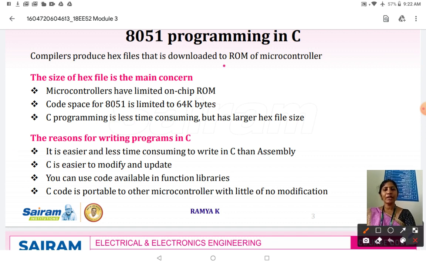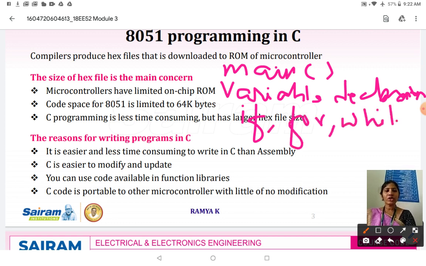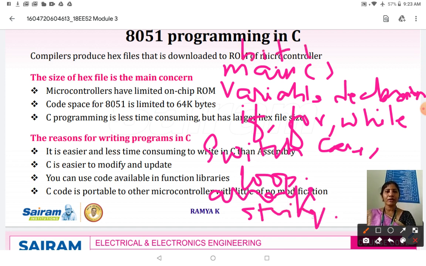For example, in C we will be using a main function. Next, variable declaration. Next one is conditional statements like if, for, while, switch case, then some loop functions, arrays, strings, macros, bitwise operation.